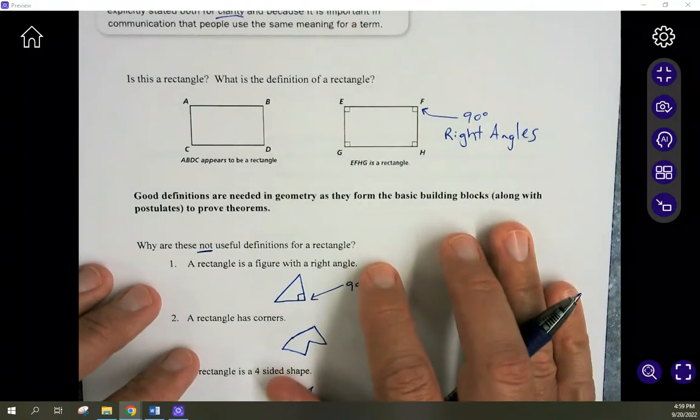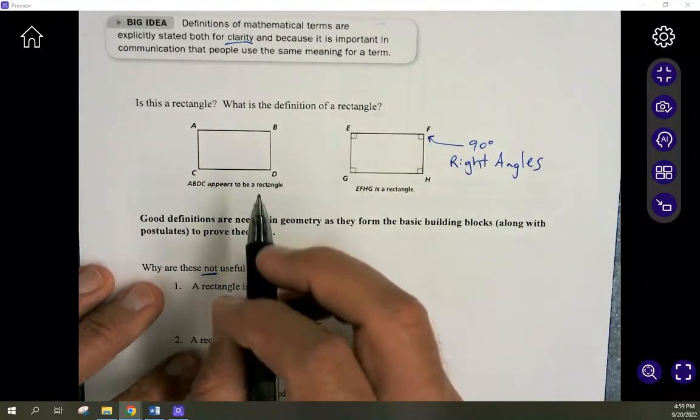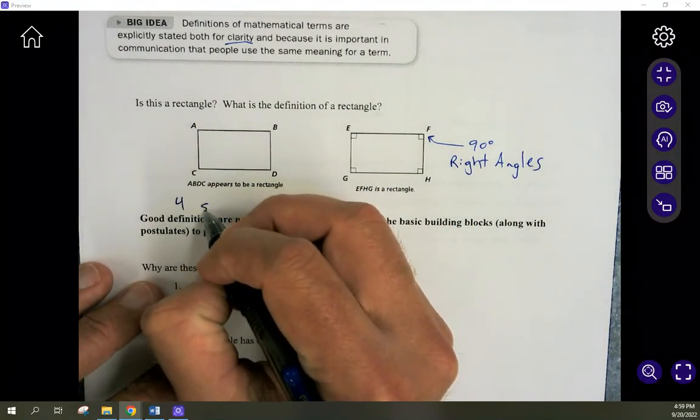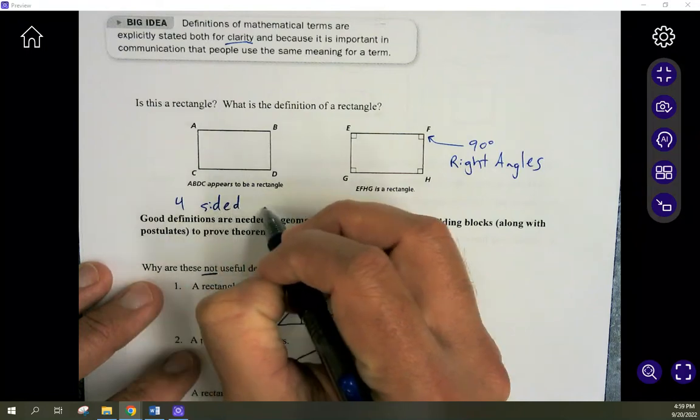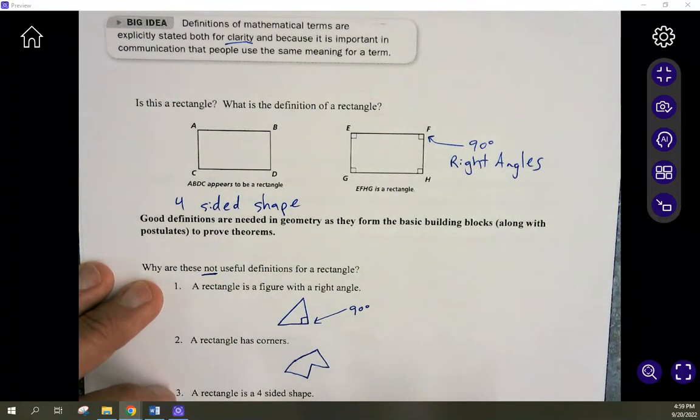So if we go back up here now, what is the definition of a rectangle? It is a four-sided shape. Now that's not enough. We just said that down here. But a rectangle does have to have four sides.